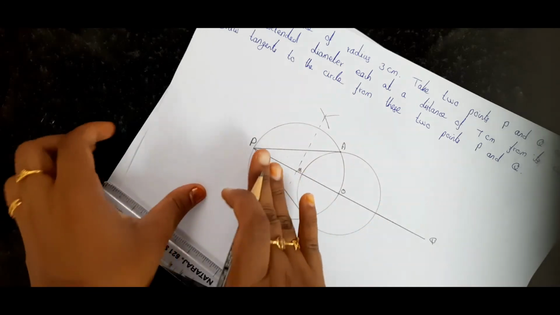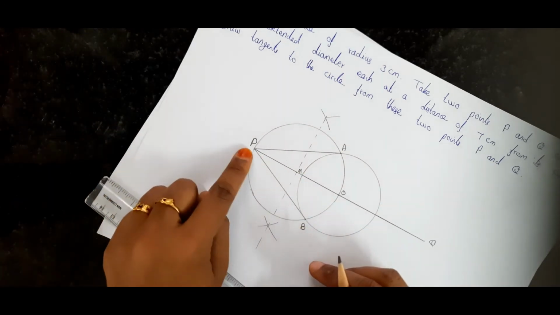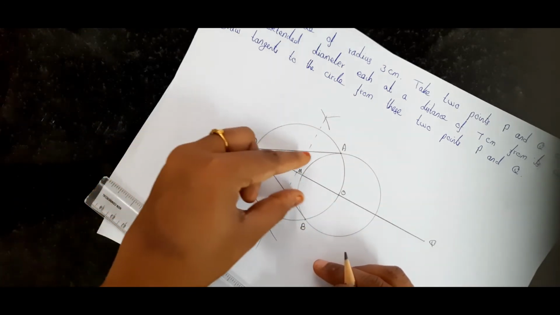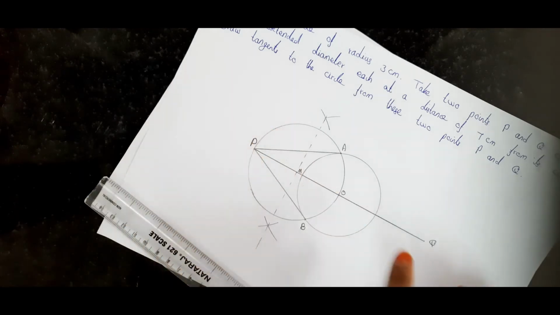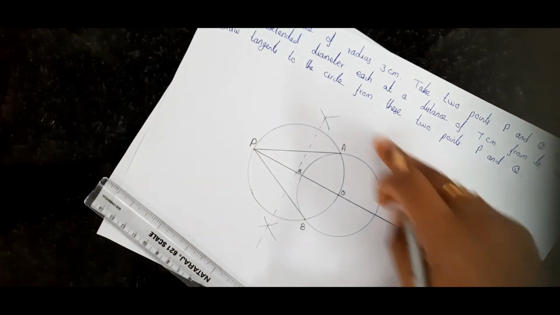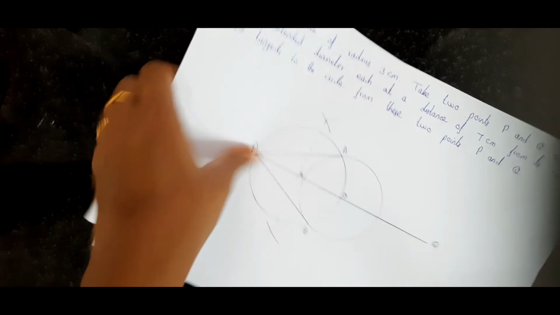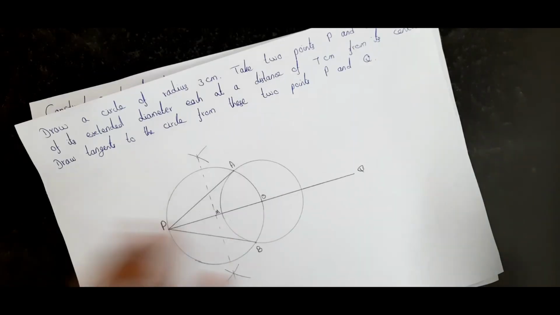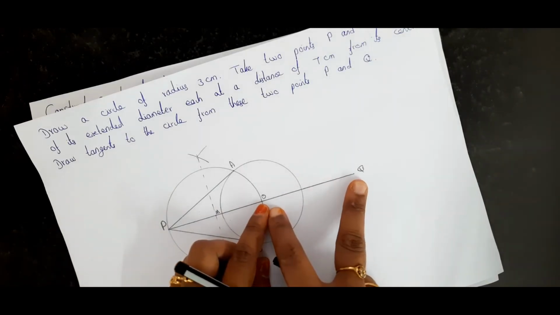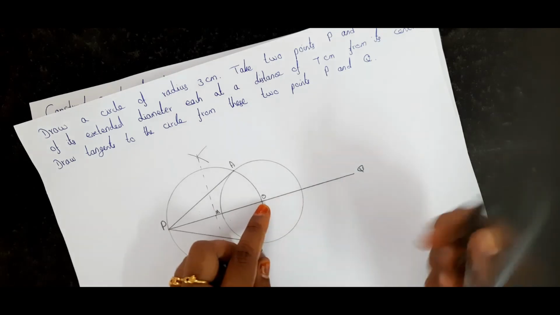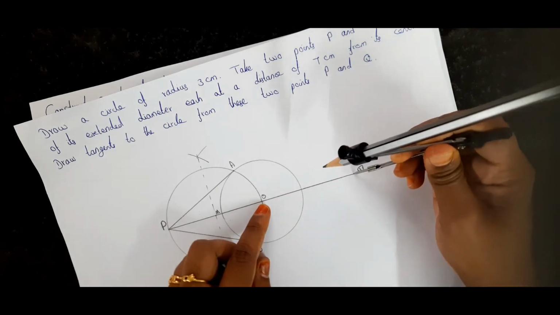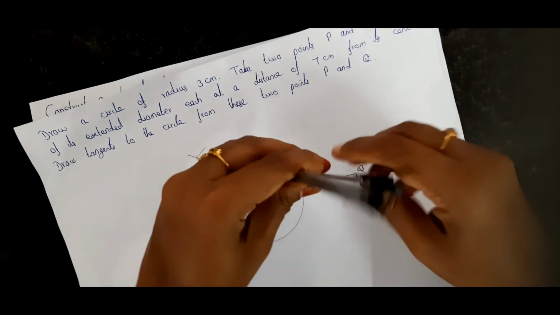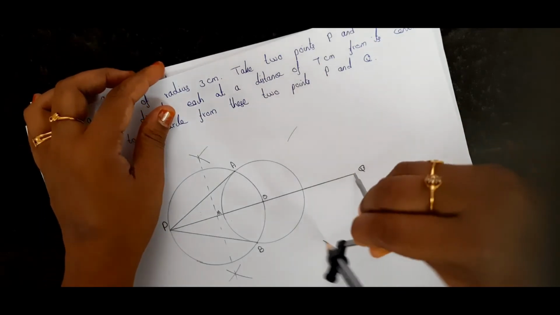Now from the external point P, we have drawn 2 tangents. By the same method from the external point Q, we have to draw another 2 tangents. How to draw? First we have to draw the perpendicular bisector of OQ. More than half of OQ we have to choose and cut on both sides.